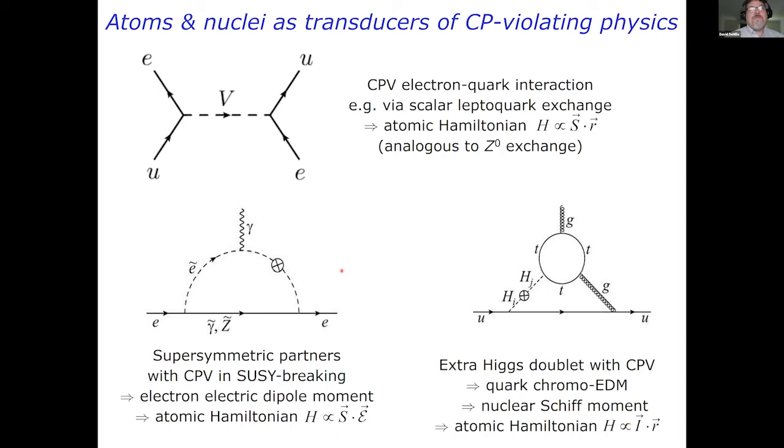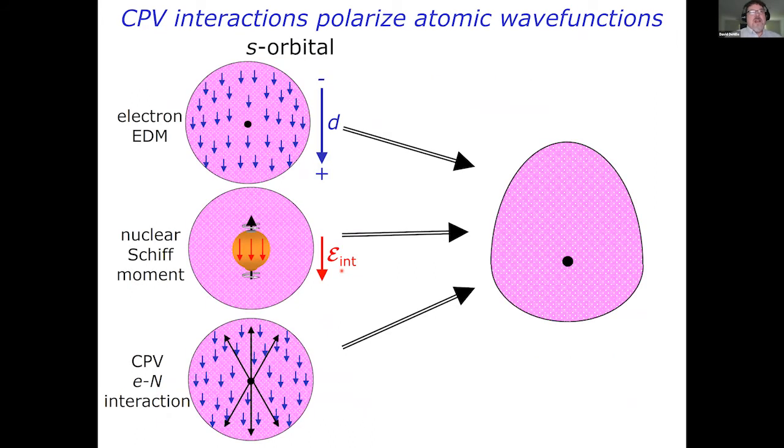So these different effects, in the end, the electron EDM, this nuclear shift moment, which comes about due to CP violation somewhere in the strongly interacting sector, and the direct electron nucleus CP violating interaction, all have the same effect.